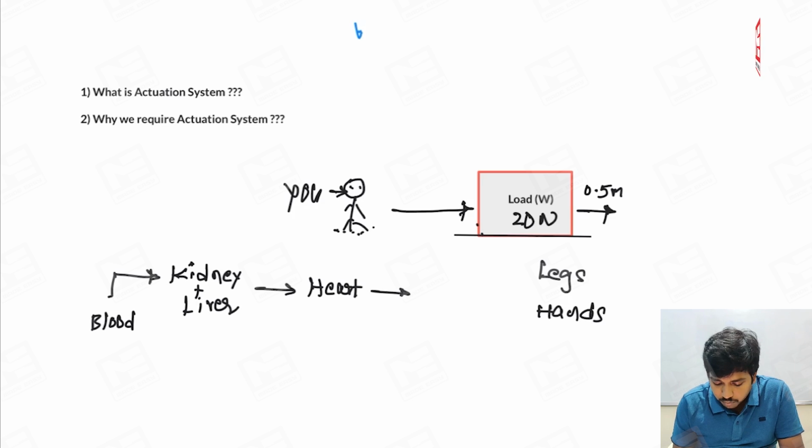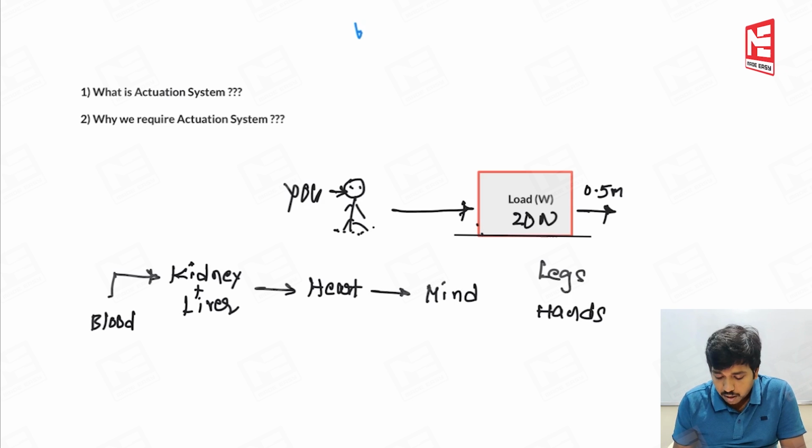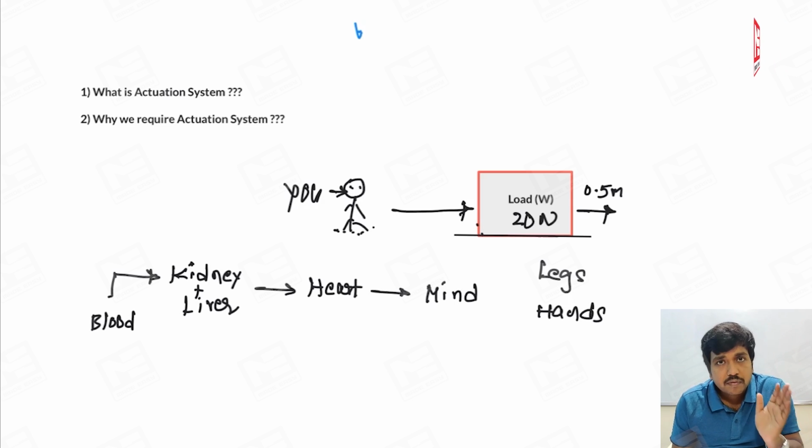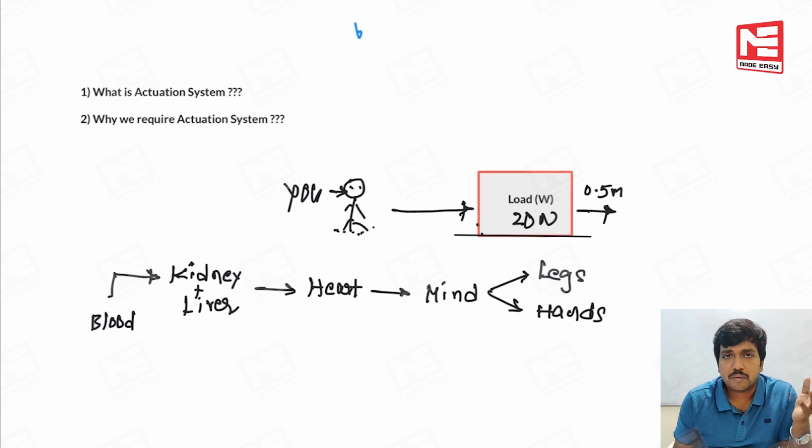Of course, here we will have control in it. That is, the mind, in fact the brain, has a predefined algorithm, and the brain channelizes the blood that comes from the heart to different organs, that may be legs, hands, or different parts of the body, right?